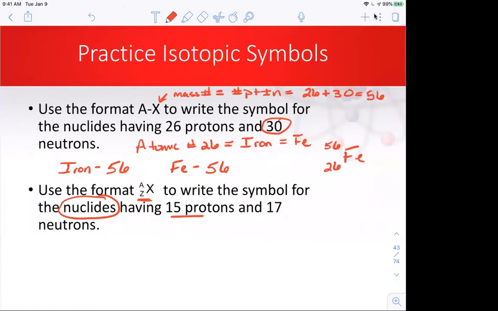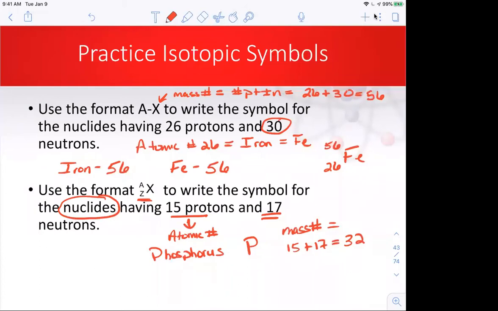So if I have 15 protons, this is my atomic number. If I have 15 protons, I am phosphorus. So phosphorus is designated with a P. I have 17 neutrons, so my mass number is going to equal 15 plus 17, which is equal to 32.